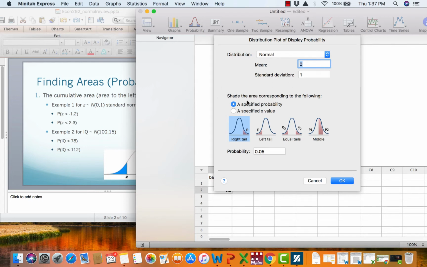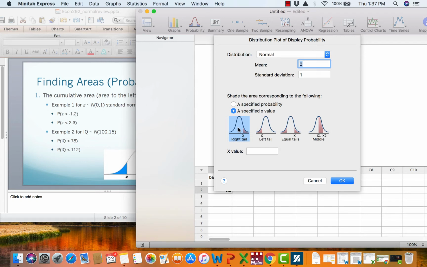Now it says shade the area corresponding to the following: a specified probability or a specified x value. Well, what we have here, this negative 1.2, is a z-score, so that's an x value.